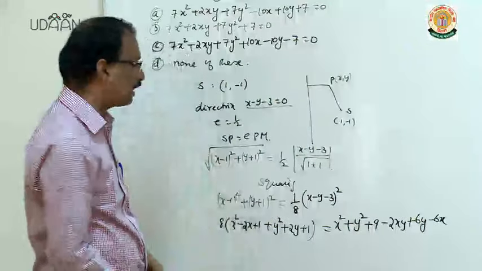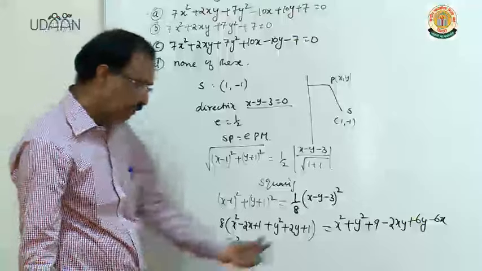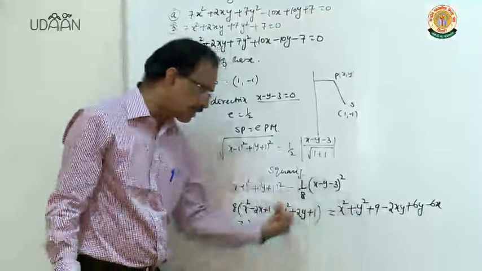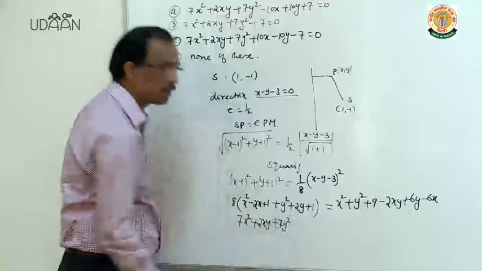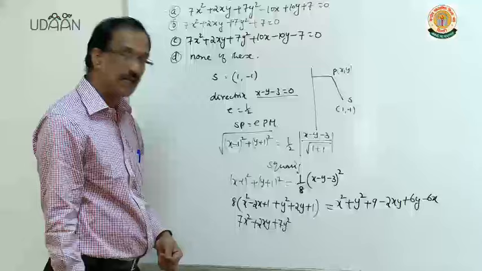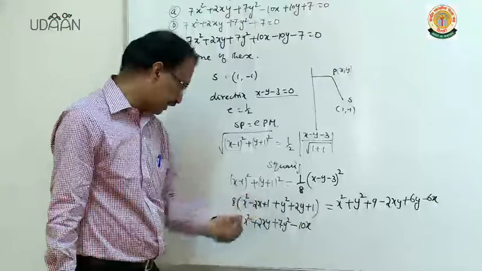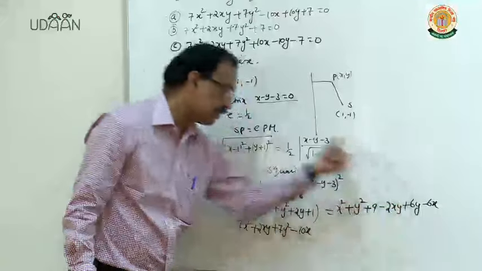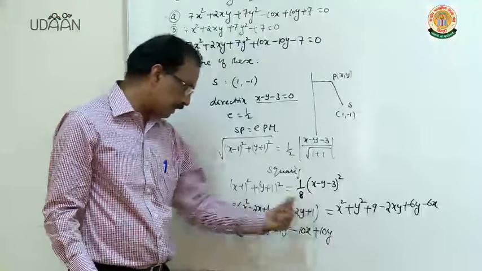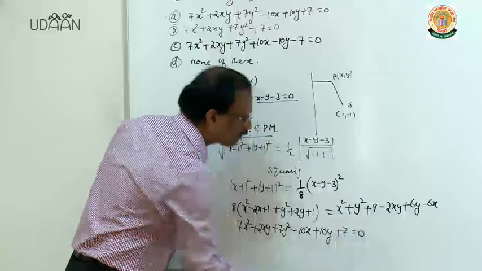Now bring everything to one side. So 8x square minus x square gives 7x square, and the minus 2xy comes over as plus 2xy, and 8y square minus y square gives 7y square. Here minus 16x, and minus x coming from the other side gives minus 16x plus 6x, so minus 10x. The y term is 16y here plus y, moving across gives plus 10y. And the constant is 8 plus 8 into 2, that is 16, and from the other side 9, so you get plus 7 equal to 0.